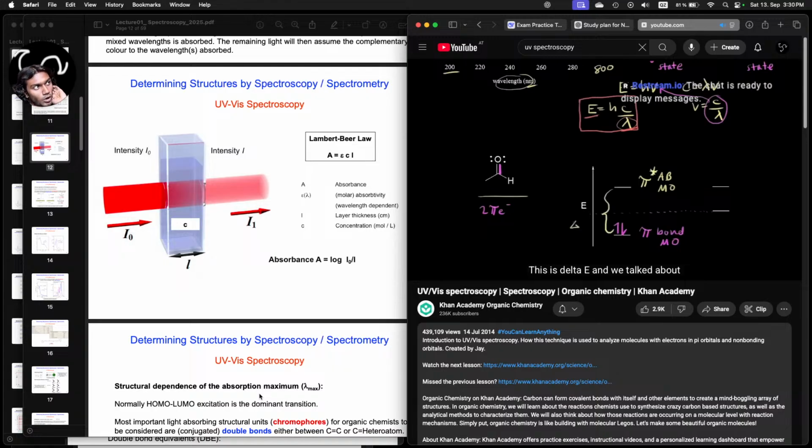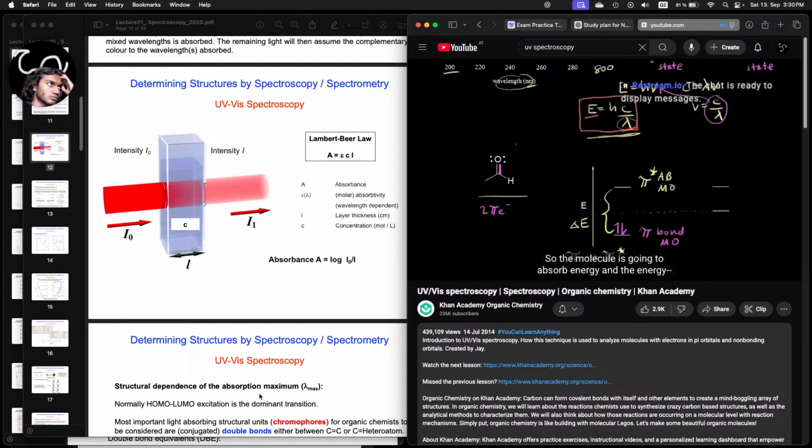So this is delta E. And we talked about the fact that this corresponds to a certain wavelength of light. And so ethanol can have, when it promotes one of these pi electrons up, a pi to pi star transition.